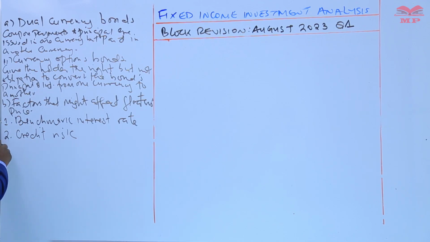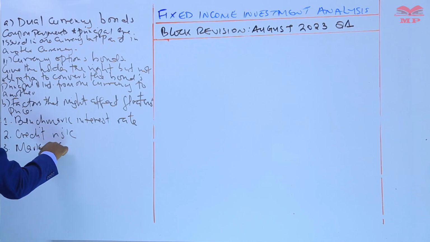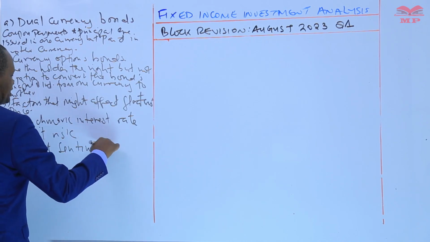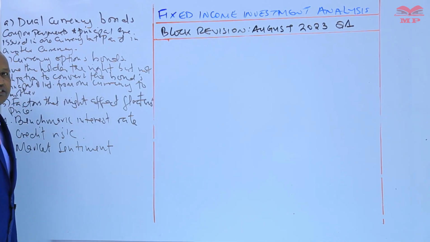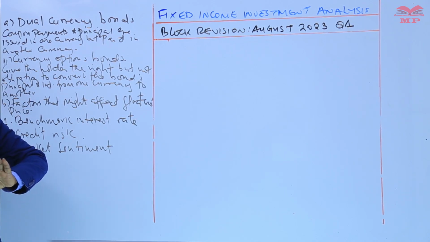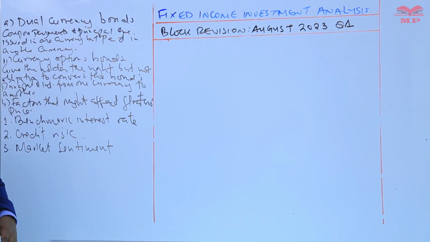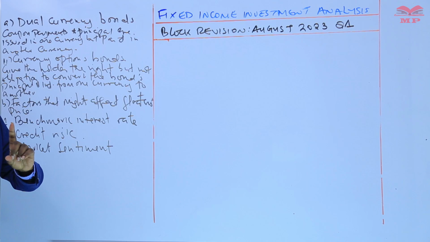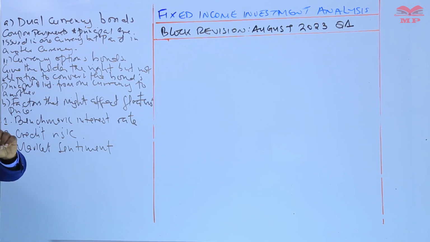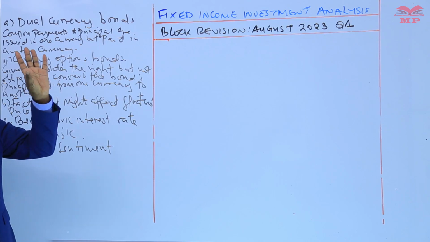Number 3, market sentiment. This is the sentiment of the investors. Investor sentiment and the overall market conditions can influence the demand for floaters, whereby positive sentiment and favorable market conditions may increase the demand for floating rate bonds, driving up their prices.